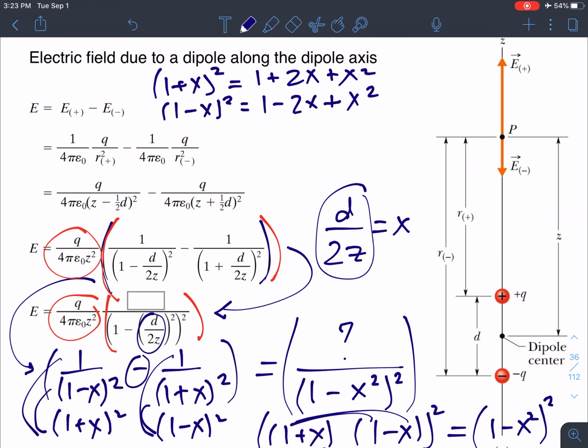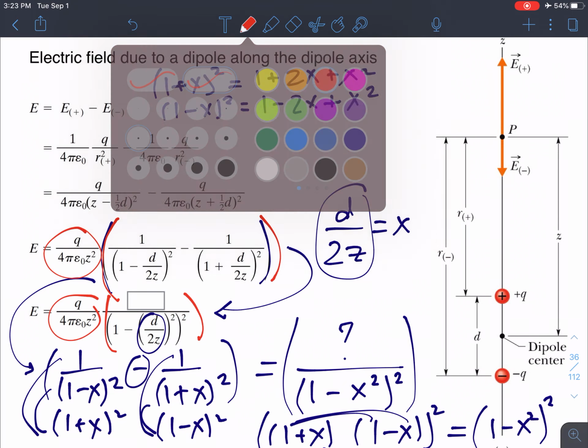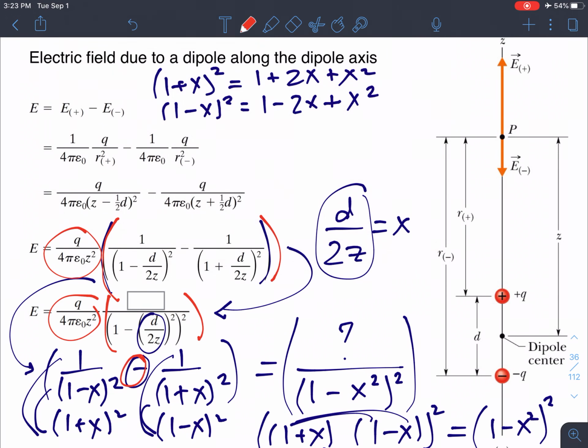And you know that there's a negative right here. We need to be paying attention to that. So the second term will be minus. This becomes positive and this becomes minus. And you're going to add them up, right? The numerators add up. So these two will go away. These two will go away, and you got 4x.